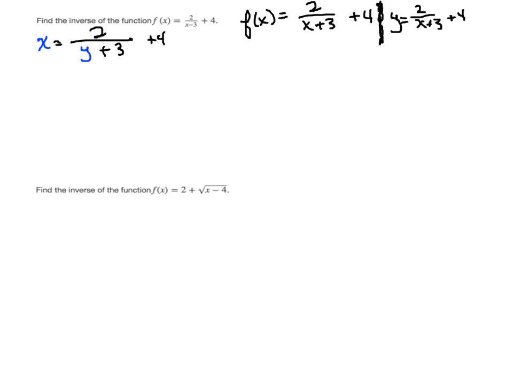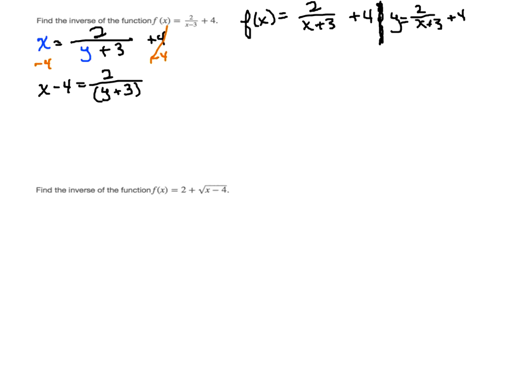And now I solve for Y. So the first thing I'm going to do is subtract 4 off of each side. And I'm unpacking the box around Y. Okay, so X minus 4 is equal to 2 over Y plus 3.